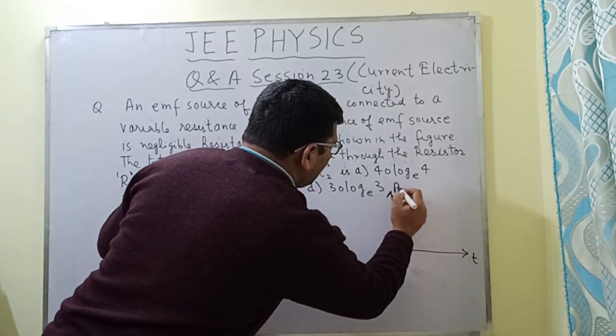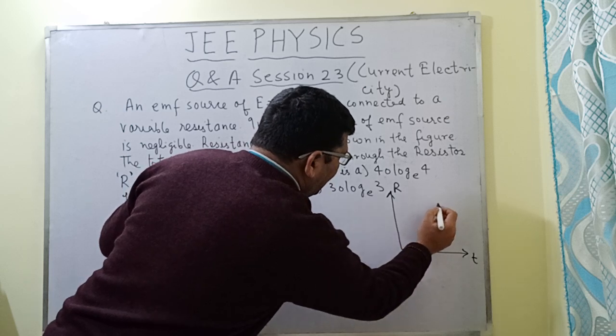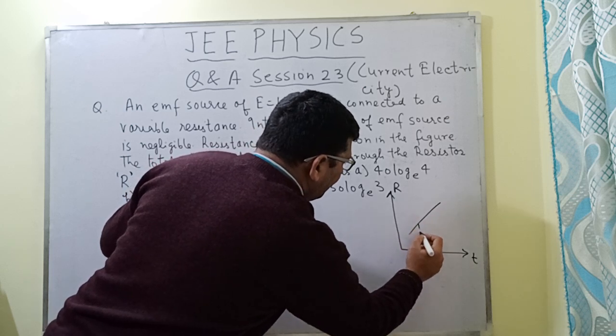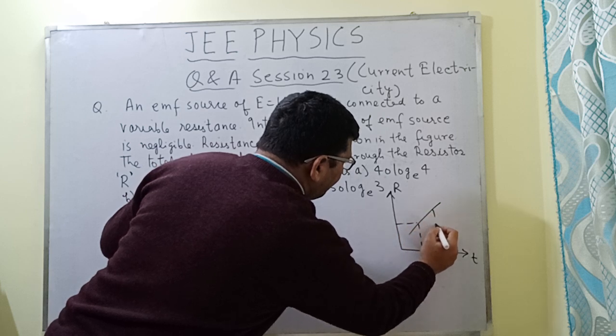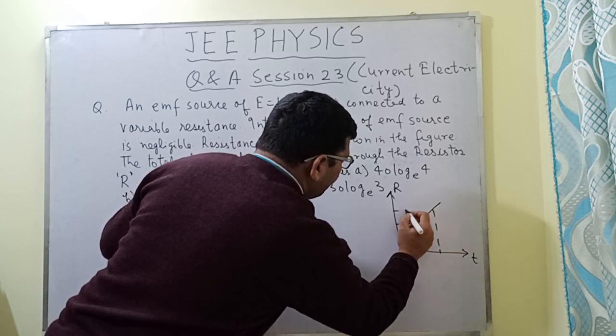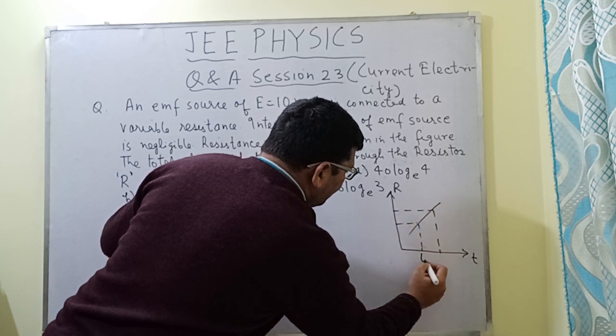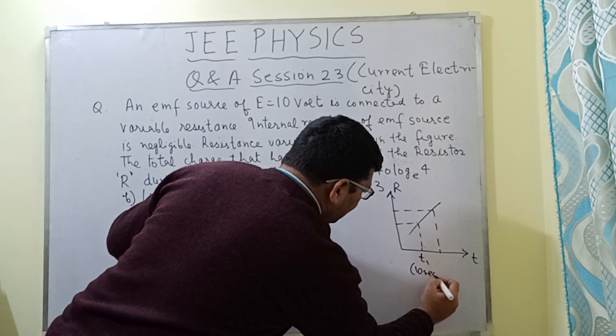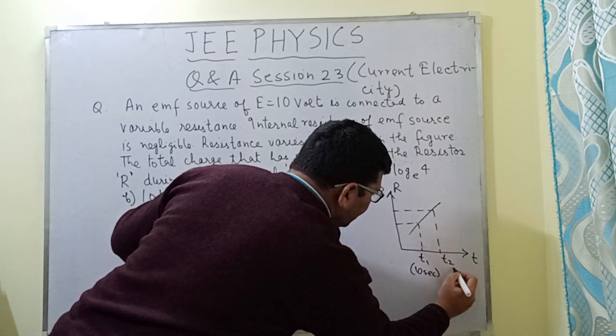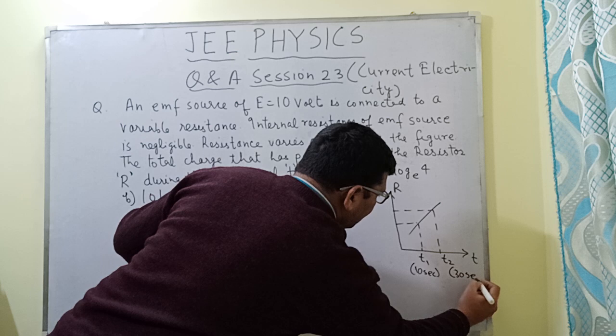This was the figure which was provided in this question, and so this is T1, which is equal to 10 seconds, and this is T2, which is equal to 30 seconds.